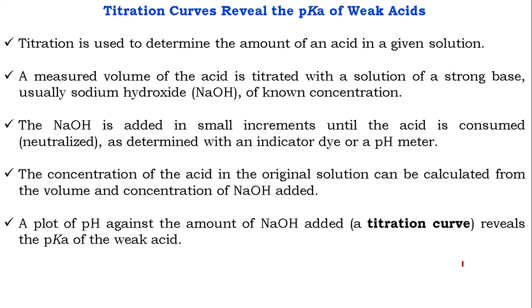And titration curve. By a titration curve, we can identify the pKa value of weak acids. What is titration? In your lower classes, you have done titration. You might have taken acid in a vessel, you might have taken base in another vessel. Which one of them is taken in a conical flask and which one is taken in a burette?